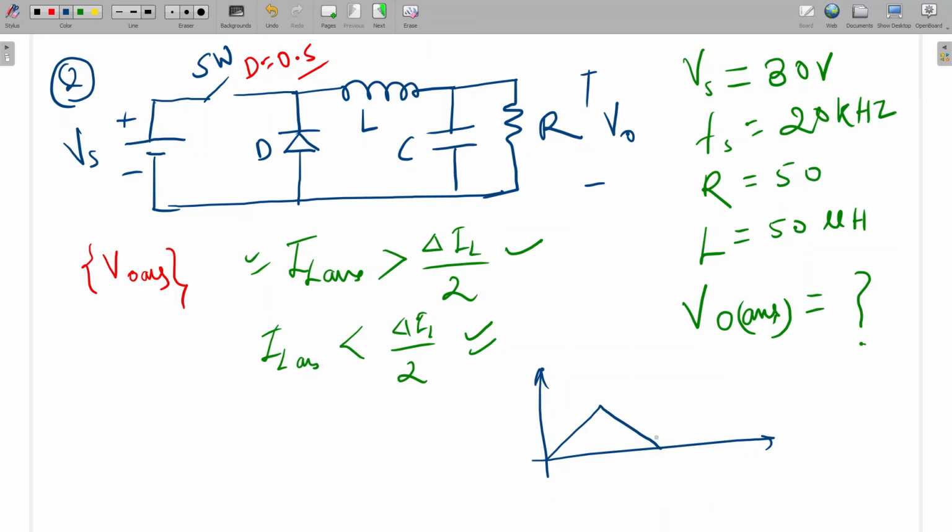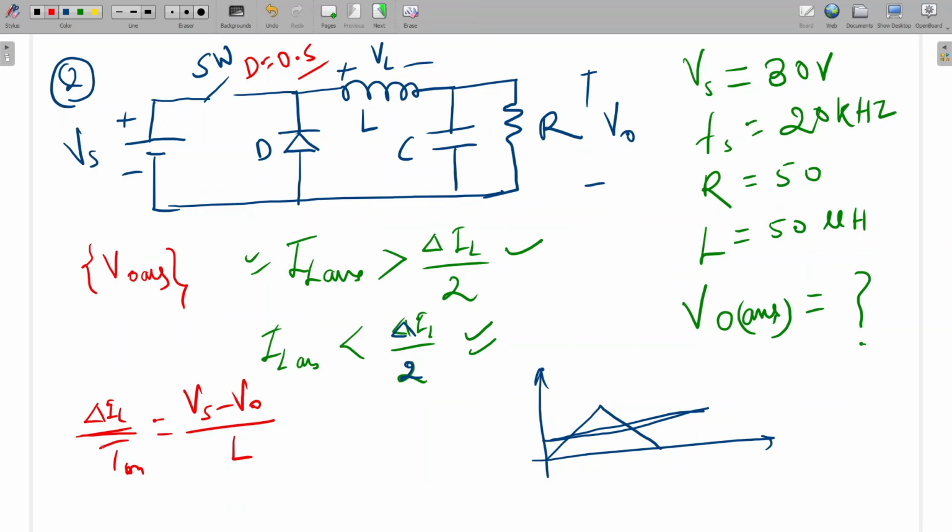If it is like this, then it is just at the boundary of continuous and discontinuous conduction. So what will be this value, delta IL by 2? When this switch is on, this is plus, this is minus VL. So delta IL divided by T on should be Vs minus V naught by L during turn on.